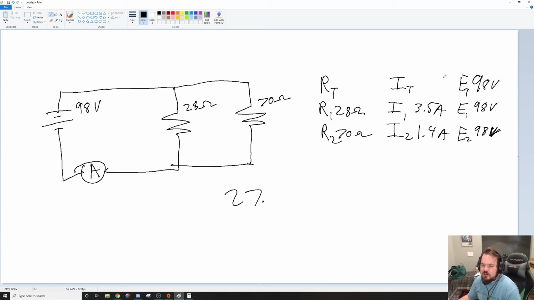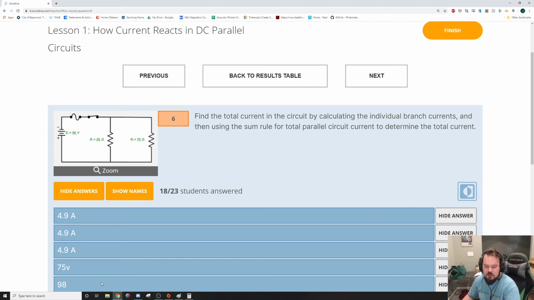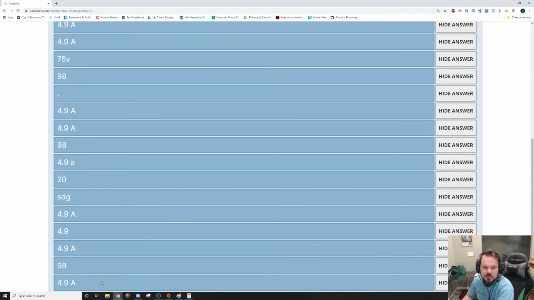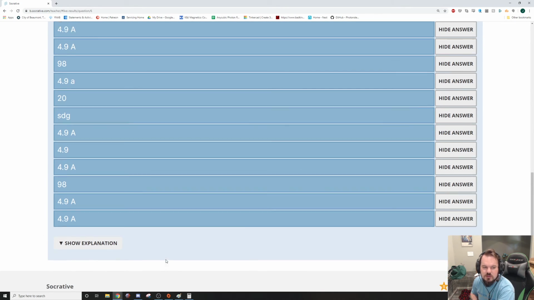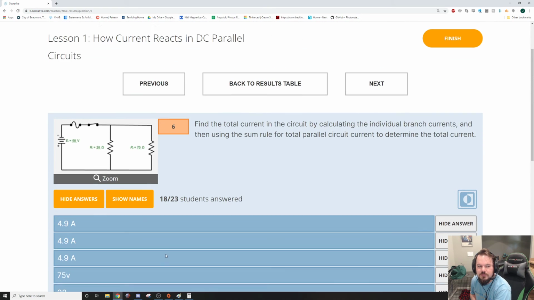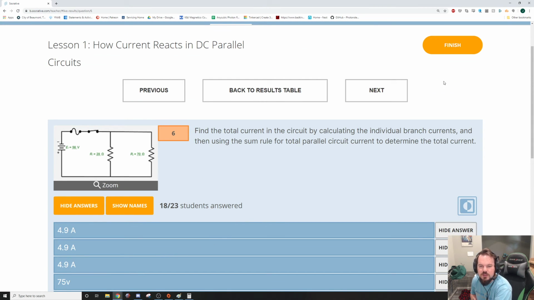So that gives us 4.9 amps. Let's see how we did. 4.9 amps looks to be the answer.